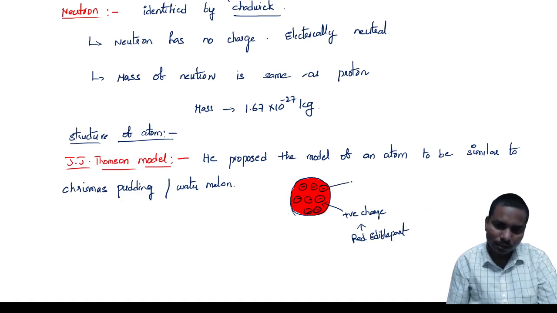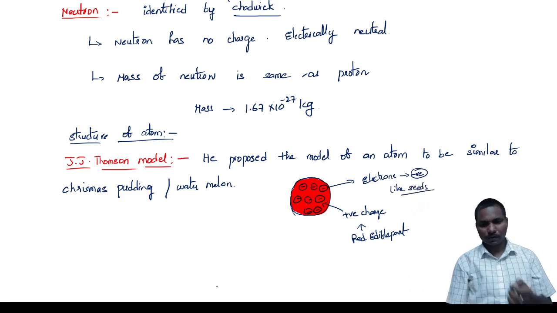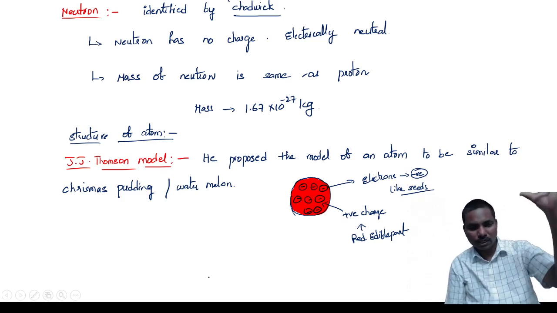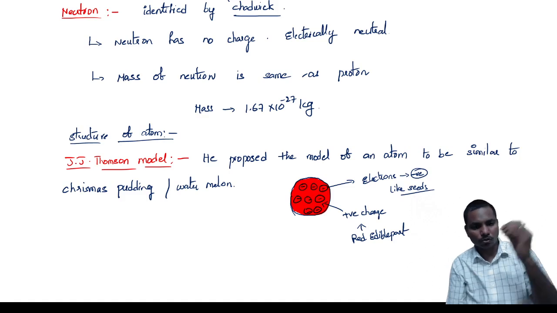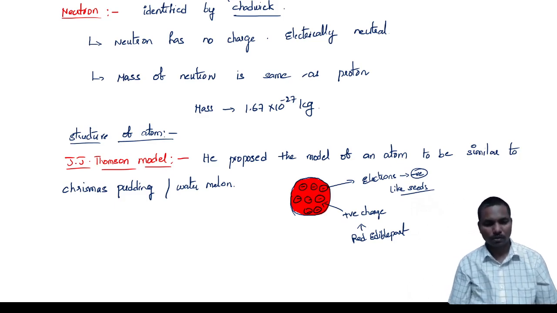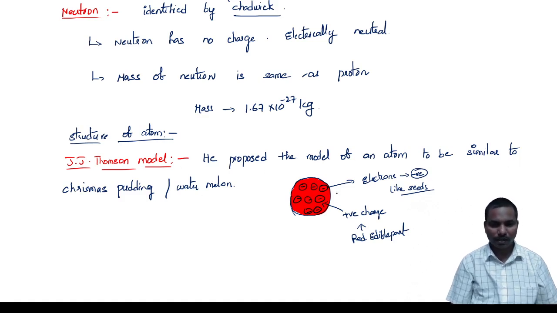So electrons are like seeds, that is negative, like seeds in watermelon. If you consider a Christmas tree, in the Christmas tree also the positive charge is like the leaves and all those, and some stars are placed. Those stars are nothing but electrons. Okay, so here he proposed the model of an atom to be similar to Christmas pudding or watermelon.